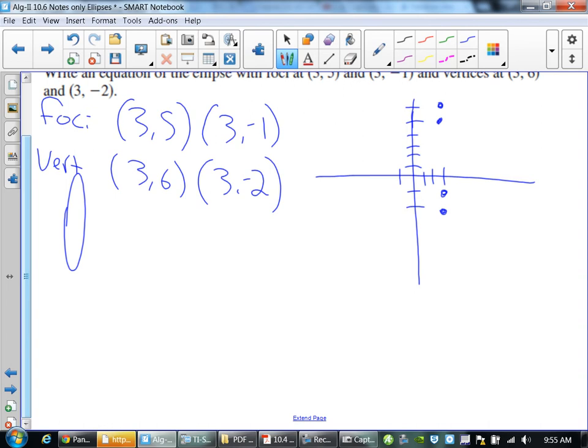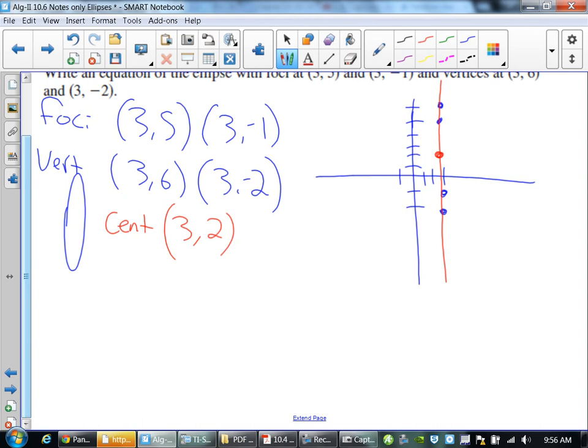The reason is because these are all on the same vertical line. So all we have to do is find the midpoint of the y values. What's 5 plus -1? 4. What's half of that? 2. So the center is at (3, 2).